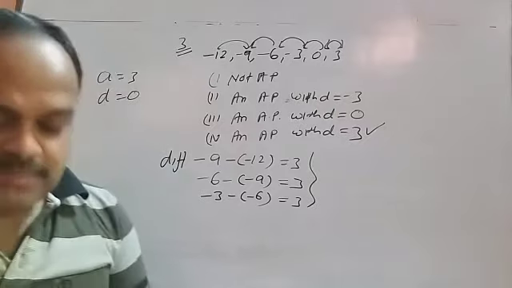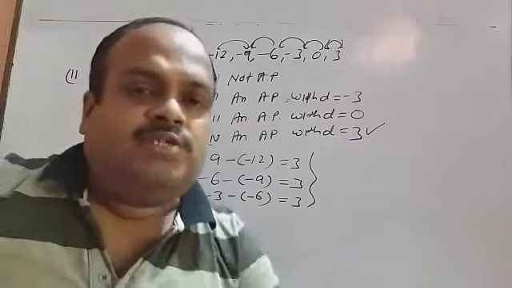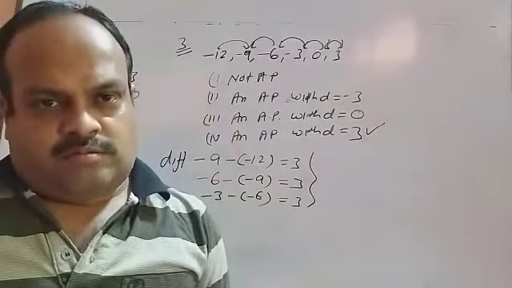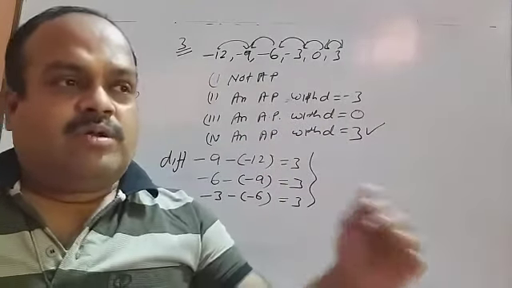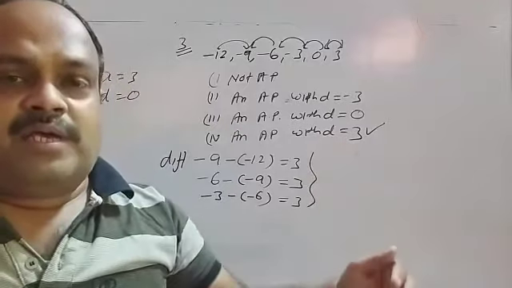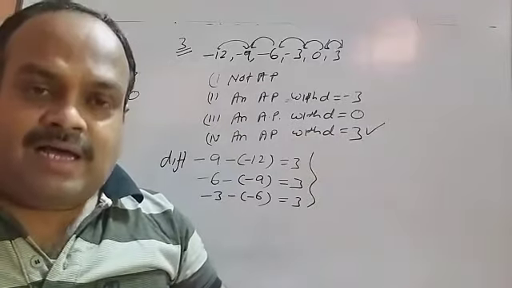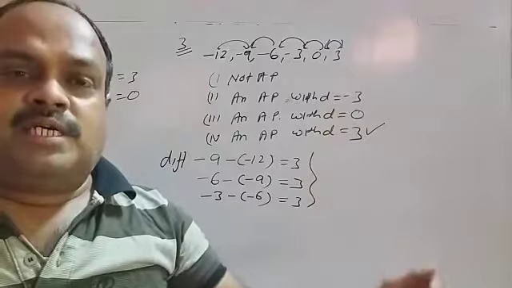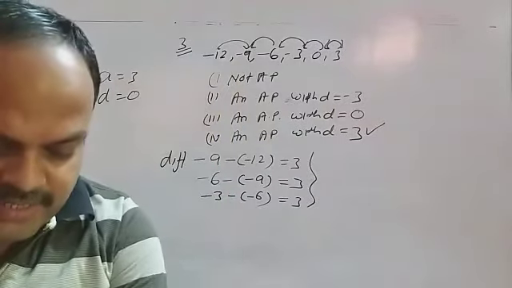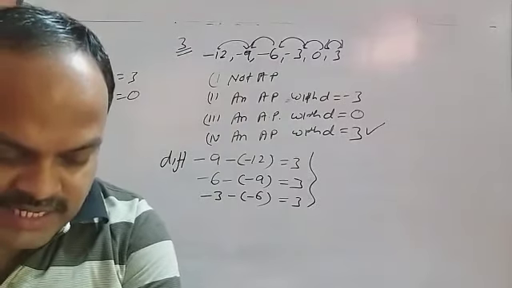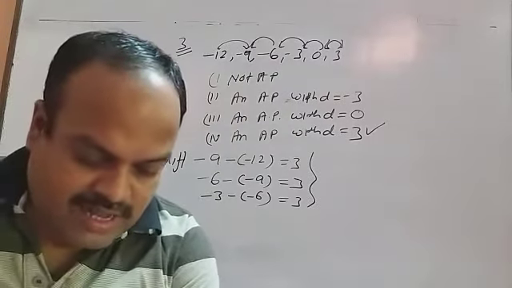My dear students, if D is 0, then the series will not move. How will the series move? Because we know that to form an AP, we need to add the common difference D to a term to get the next term.